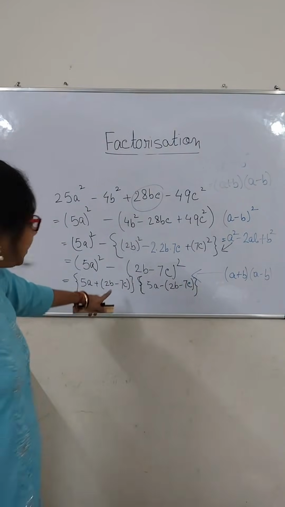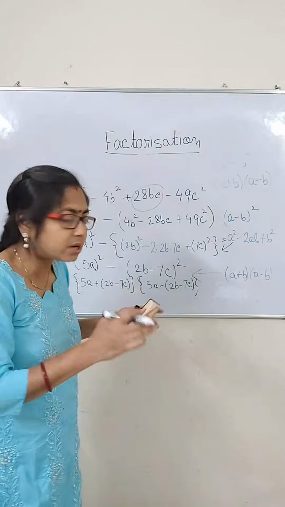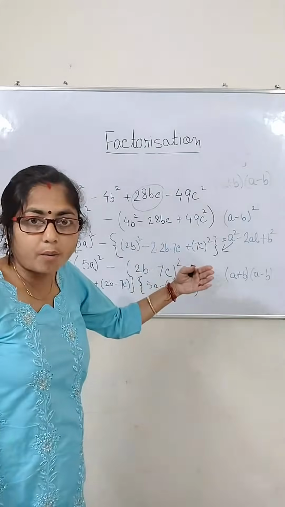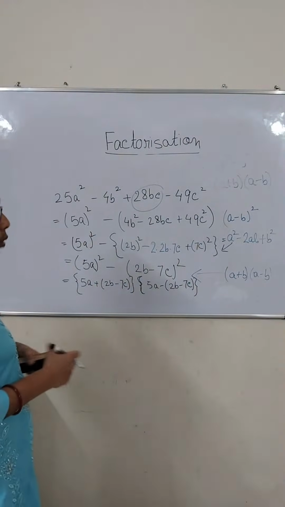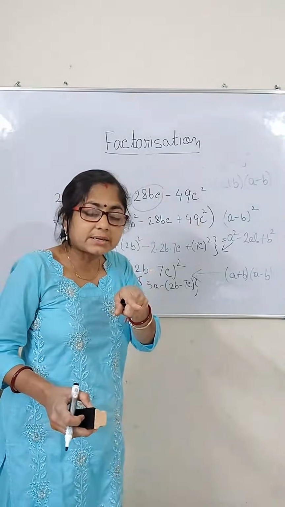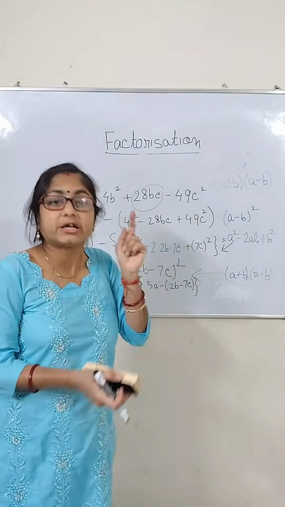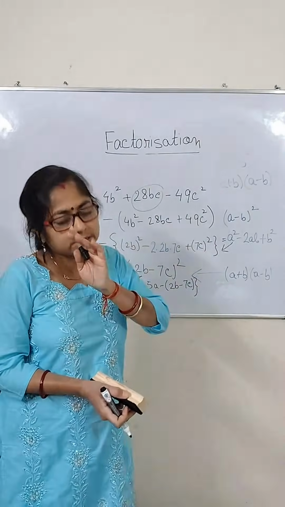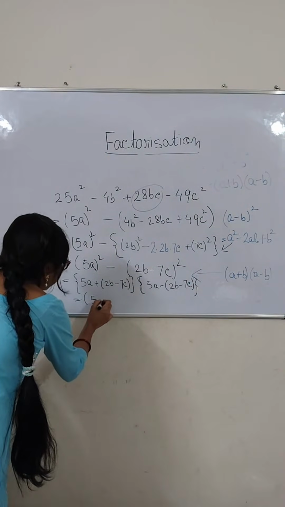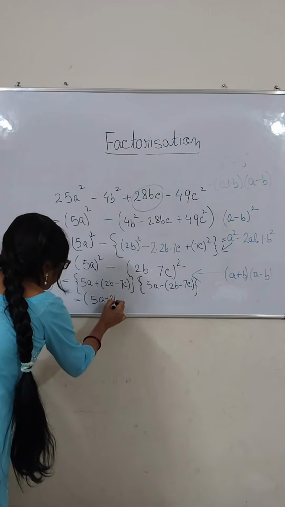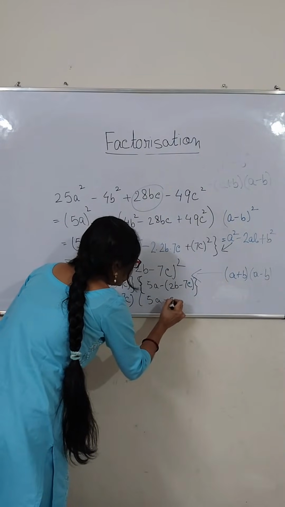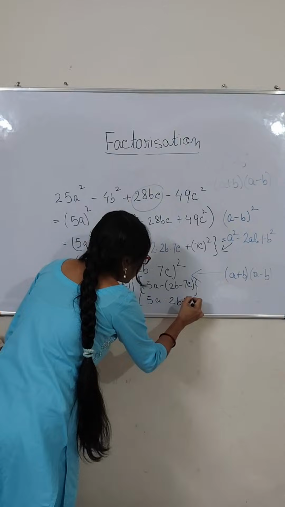This a plus b and a minus b comes from a square minus b square. Why do I write this? Because there is a two-term part and before it there is a minus sign, so I can write it this way. It must be written, otherwise there are some mistakes. So now I remove the bracket: 5a plus 2b minus 7c, 5a minus 2b plus 7c.